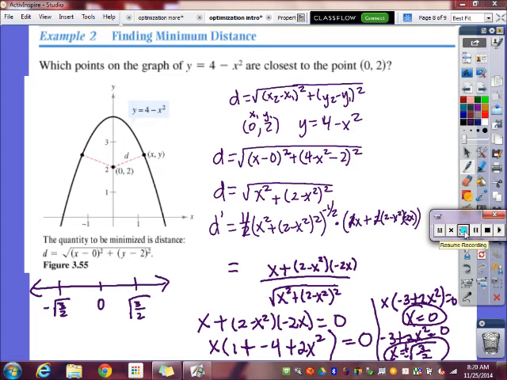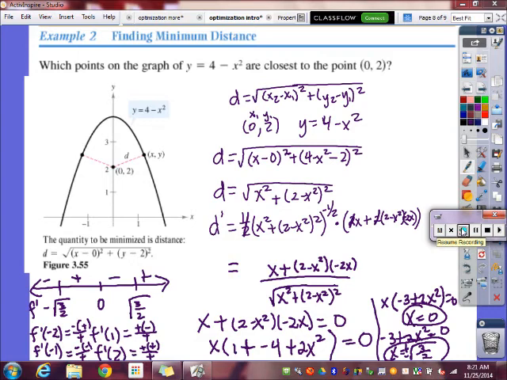To test my values, I know that the square root of 3/2 is between the square root of 1, because 3/2 is 1.5, and the square root of 4, which is definitely greater than 1.5. So for my test values, I can pick, for example, negative 1 here and negative 2 here.